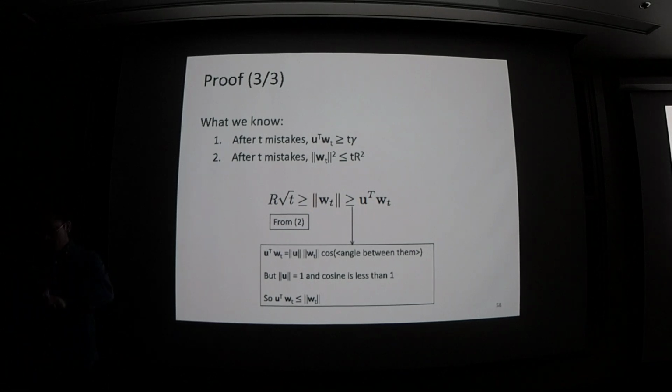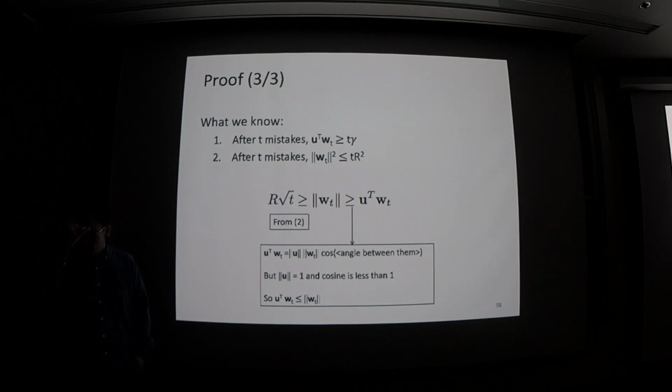For any two vectors, in arbitrary dimensional space, if you want to compute the cosine of the angle between them, the formula says that the cosine of the angle between two vectors, say u and w_t, is equal to the inner product between these two vectors divided by the product of their norms.